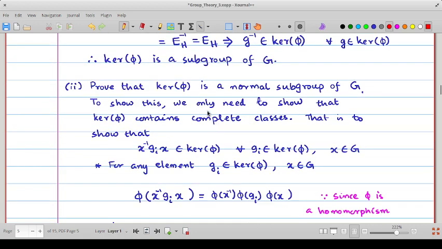We now need to show that kernel of phi is in fact a normal subgroup of G. To show this, we need to show simply that kernel of phi contains complete classes of G. So let Gi be an element of kernel of phi, and consider an arbitrary element x in the group G, and the elements of the class corresponding to the element Gi are obtained by the set x inverse Gi x, where x are elements of G. So consider a particular element x inverse Gi x.